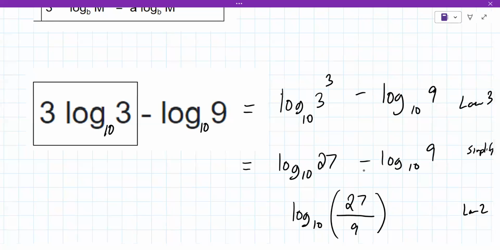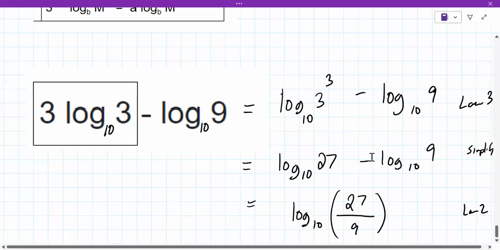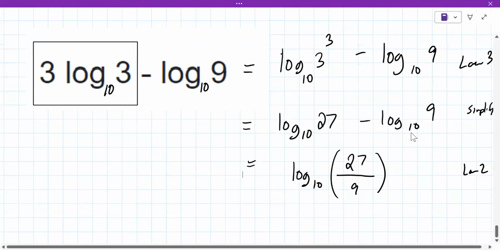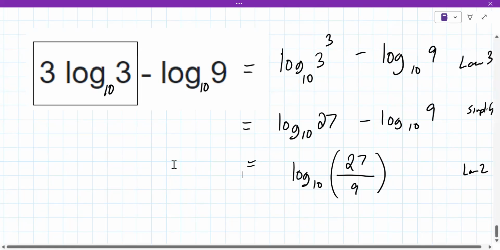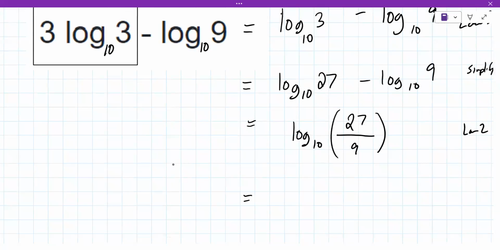Good. And then if you can, you should always try to simplify whatever is there. What do you see in this case? 27 divided by 9 is 3. Very good. So the answer would be log base 10 of 3. Yes, that is correct. Good.